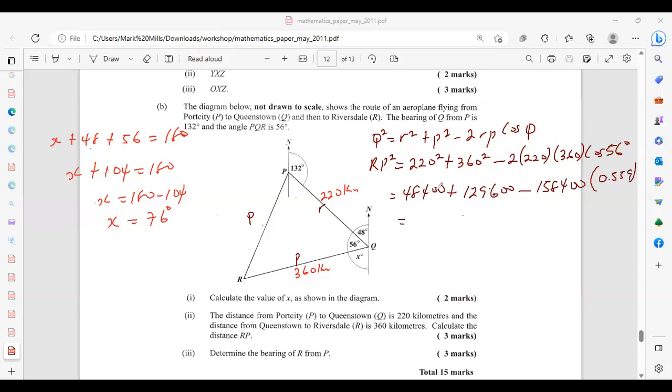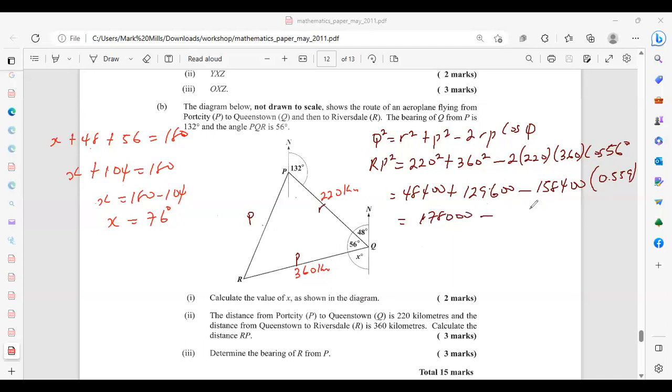Then we add the two now. Add these two. What do we get? 178,000 for this part.